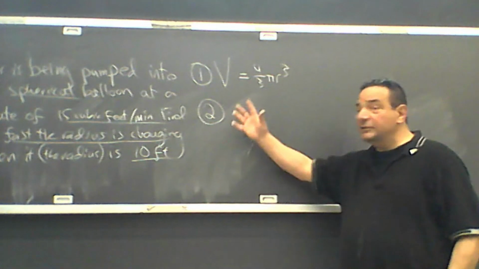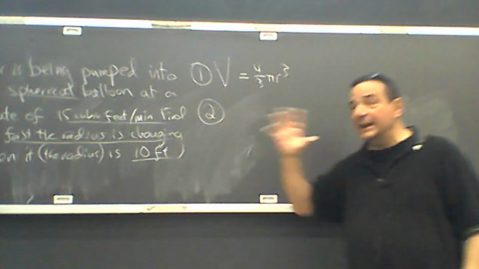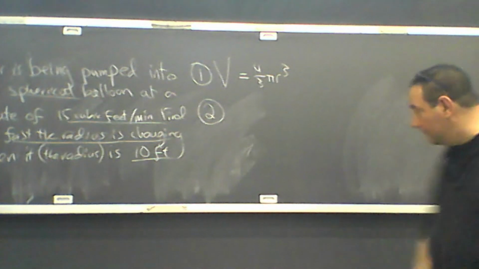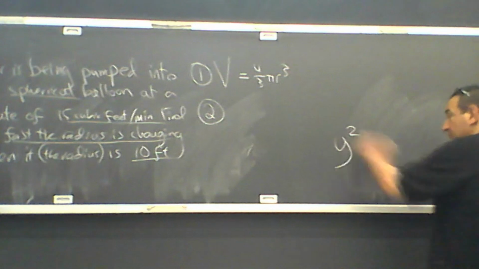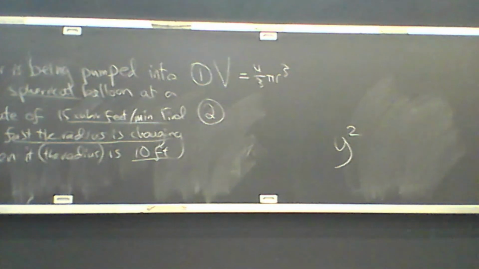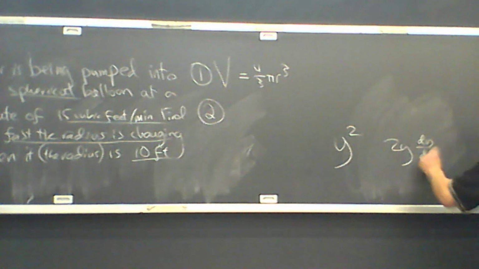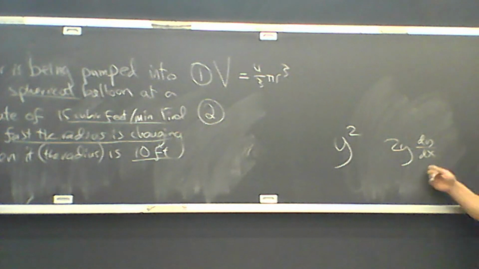So what we're going to do is take the implicit derivative with respect to t. Now let me review for a second. Remember when we had things like y squared, and I said take the implicit derivative with respect to x, and then what we get? We get 2y dy/dx. That's the derivative of y with respect to x, implicitly, right?